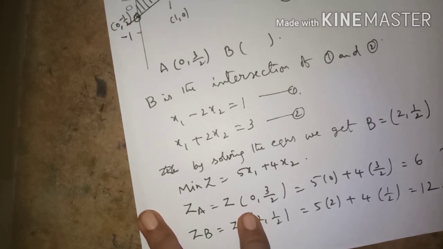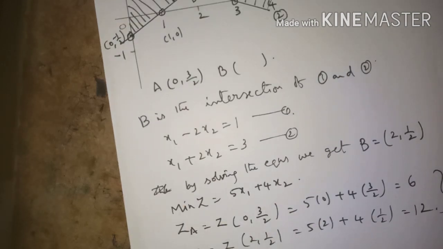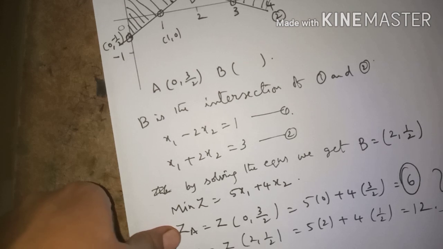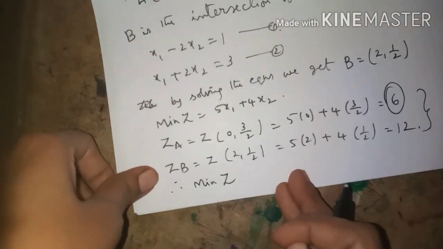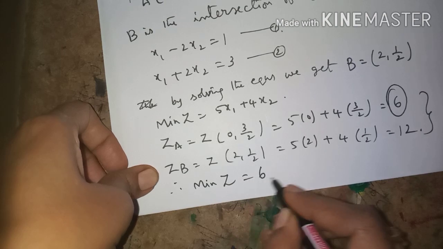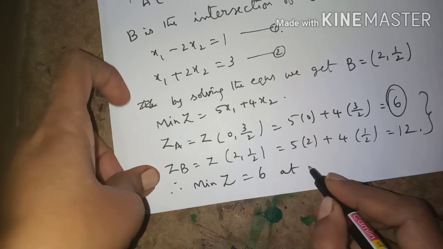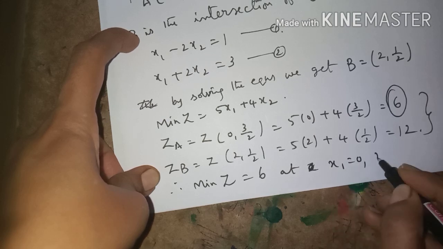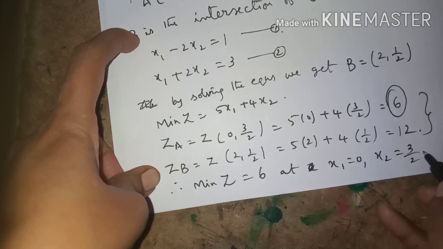Now out of these two values, which is the minimum? Because the given problem is a minimization type. Out of these two, 6 and 12, the minimum value is 6. Therefore, min z is equal to 6 at x1 is equal to 0, x2 is equal to 3 by 2.